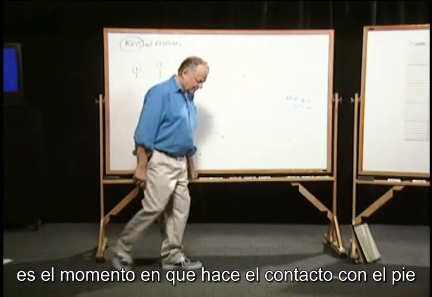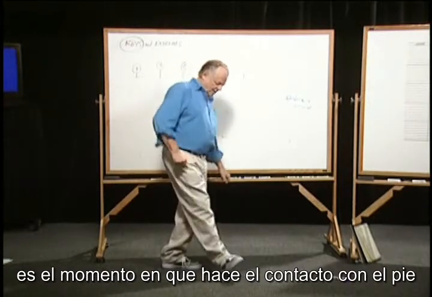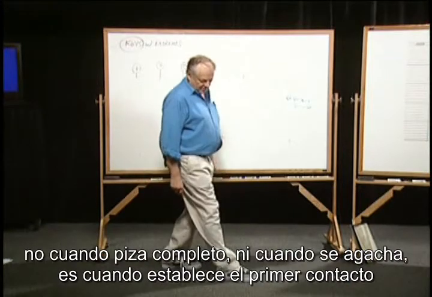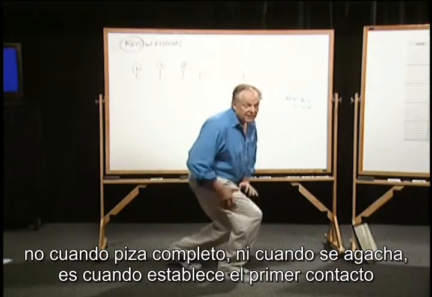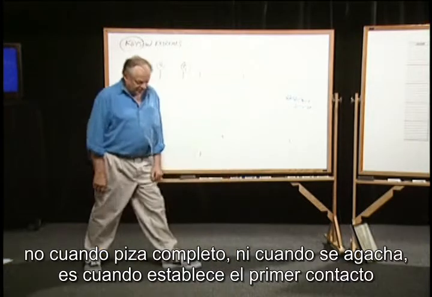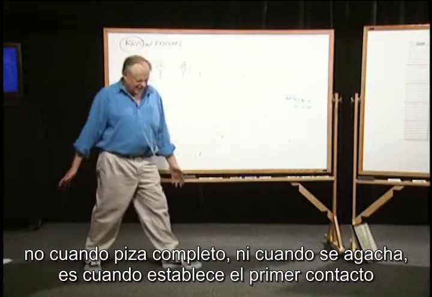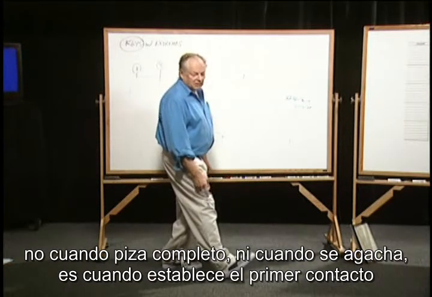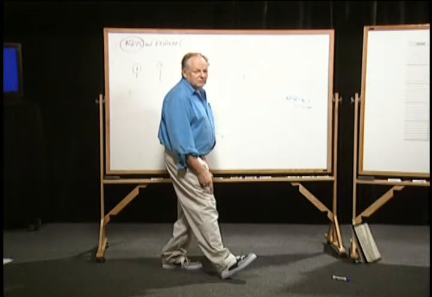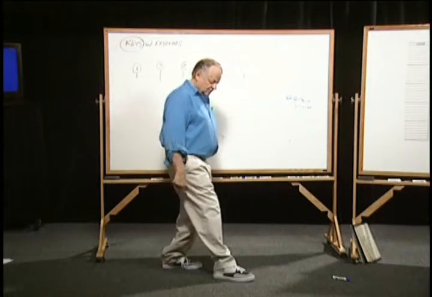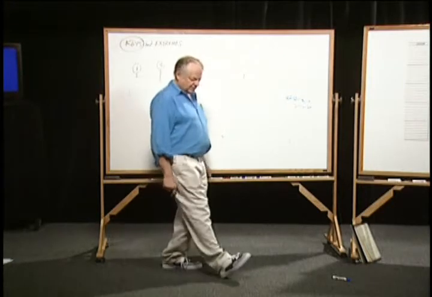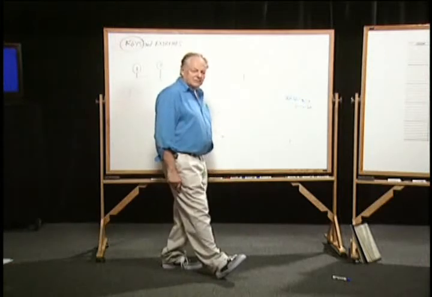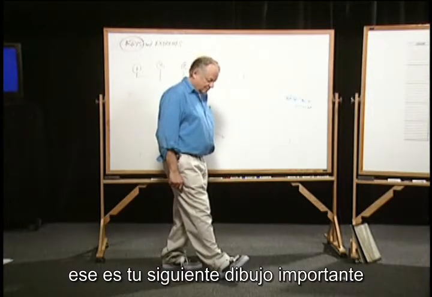He's going to go here, right? That, and we're going to call this the contact drawing, not where the foot is down, and certainly not when it's down here taking the weight. It's going to be extreme, key, extreme where the heel contacts the ground, or maybe the thing contacts it all at once, the whole foot, but for the sake of argument, where it contacts, that's your next important drawing, right?